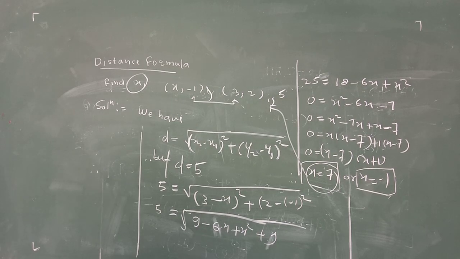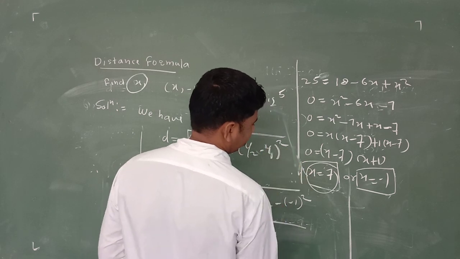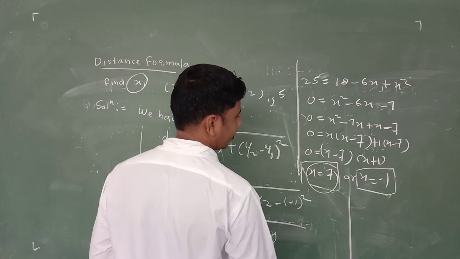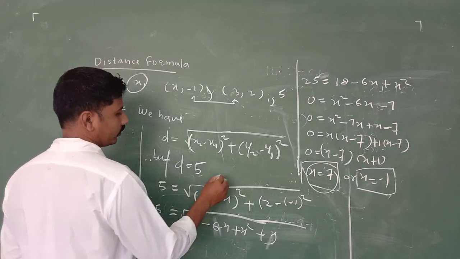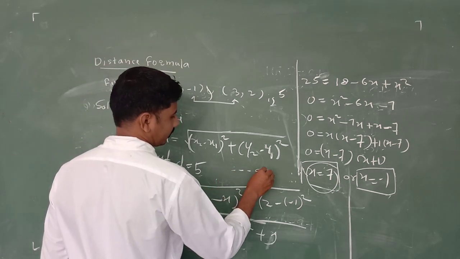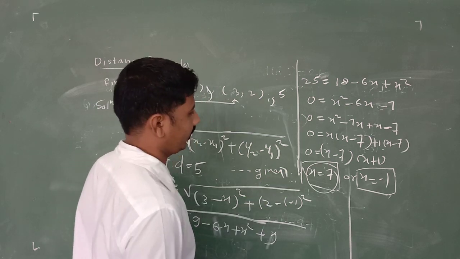In this example, a stepwise example is there. You have to learn to do this. In the exam, I did this for understanding purposes, how it is solved stepwise, but d is equal to 5. This is given, so write this given here. Okay. Likewise.